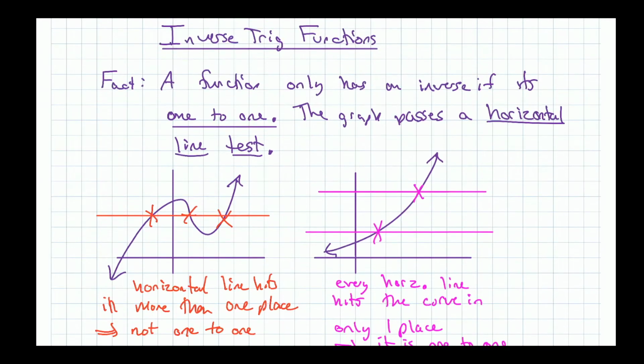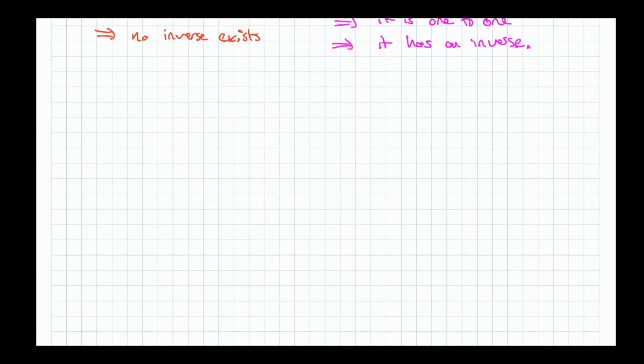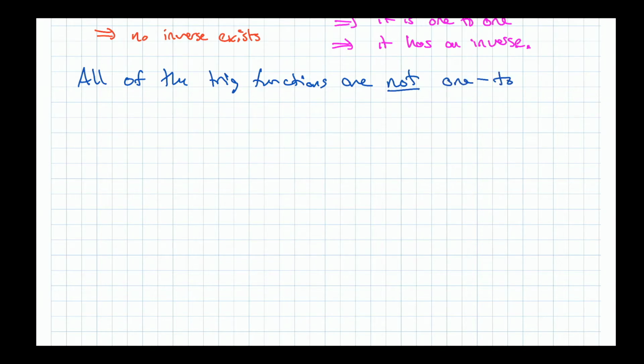What we want to talk about are the trig functions, if they have inverses. Now, something that's important to understand is that all of the trig functions are not one-to-one. And that's really easy to see.